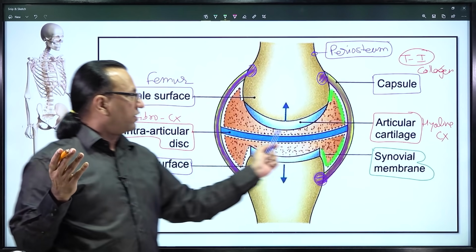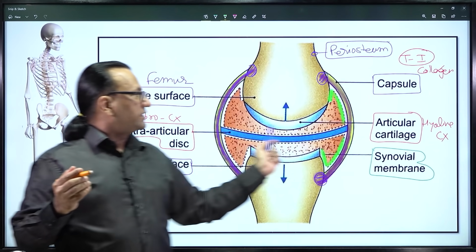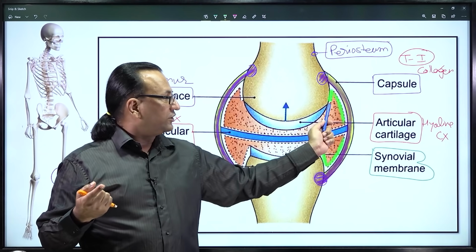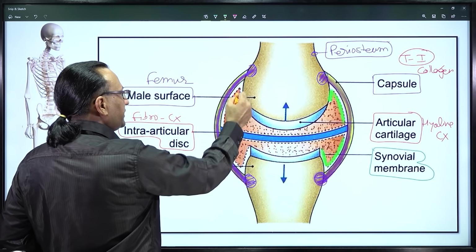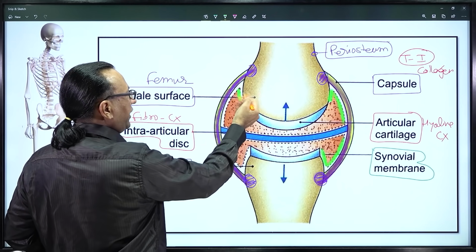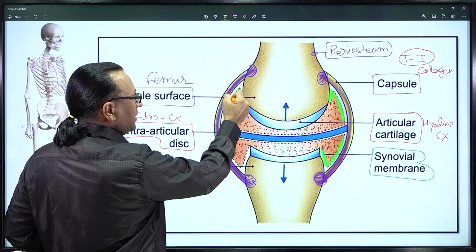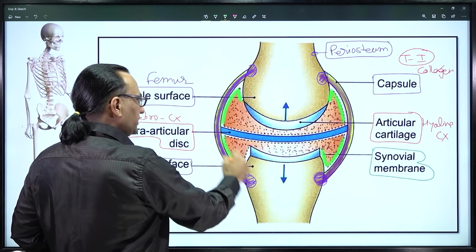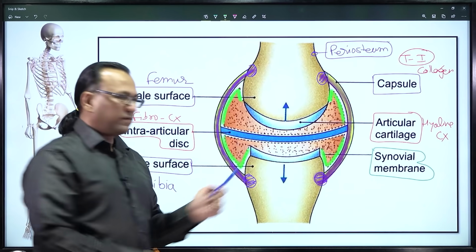When it comes to articular surface, it is not lined by synovial membrane. It is actually lined by the articular cartilage. So, again, we can show this is the synovial membrane on the non-articular bony surface. Then it is also lining the inner surface of capsule. And once again here.